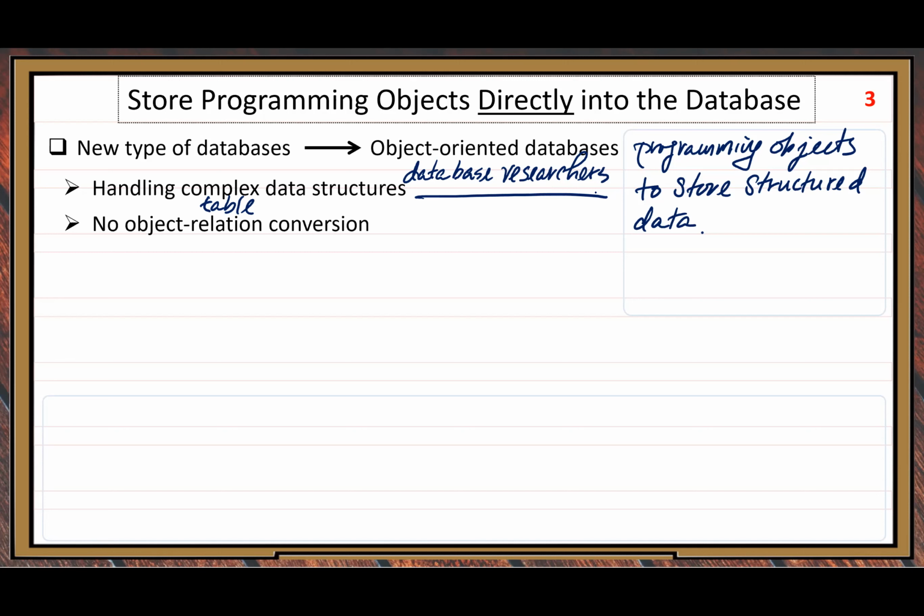This means they want to store programming objects into tables directly. Why? Because conversion takes time and effort.